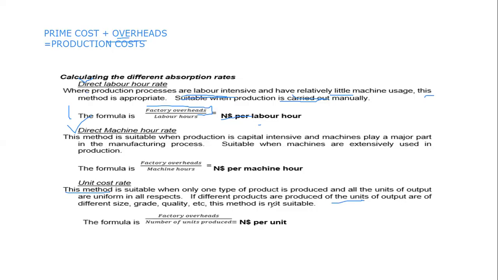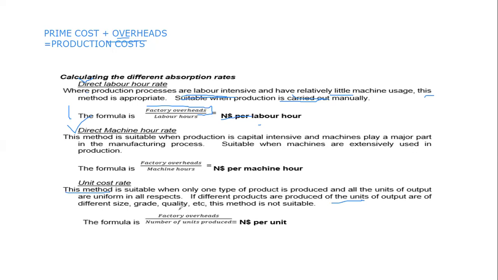That is to say the unit cost rate is only suitable when only one type of product is being produced and all the units of output are uniform in all respects. That is the time we use the unit cost rate, whereby we take the factory overheads, then divide by the number of units produced.